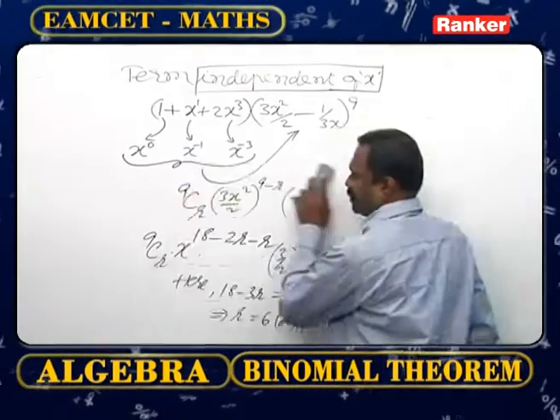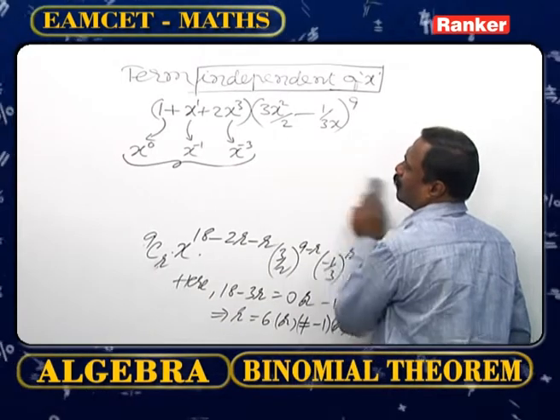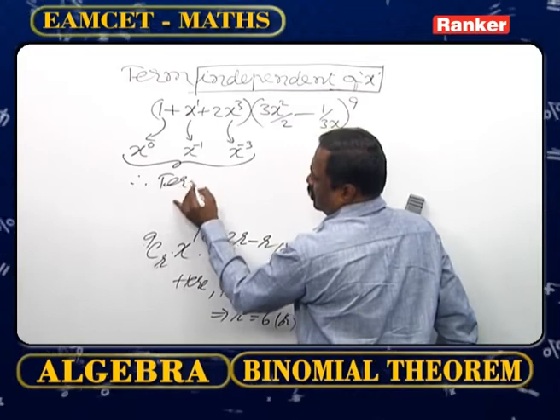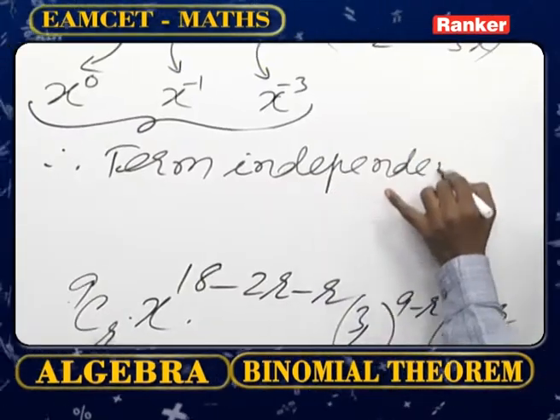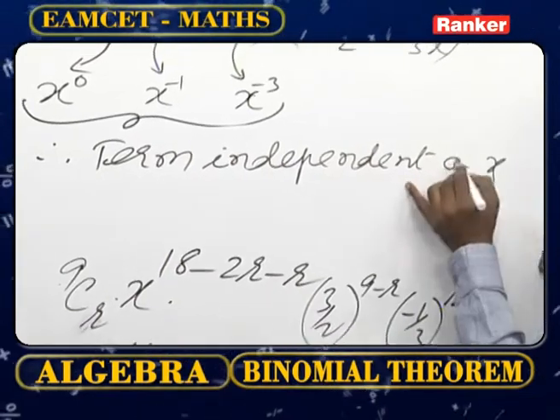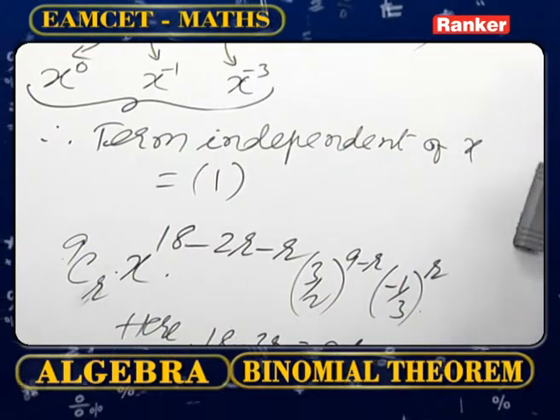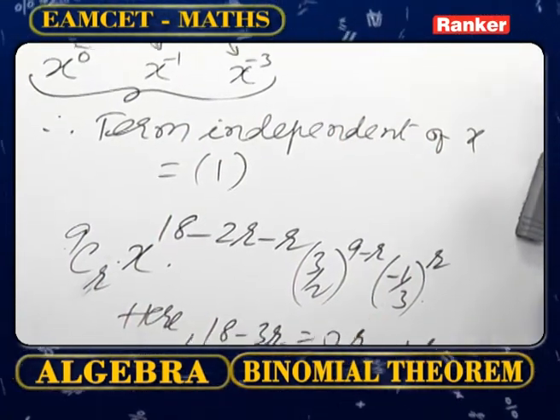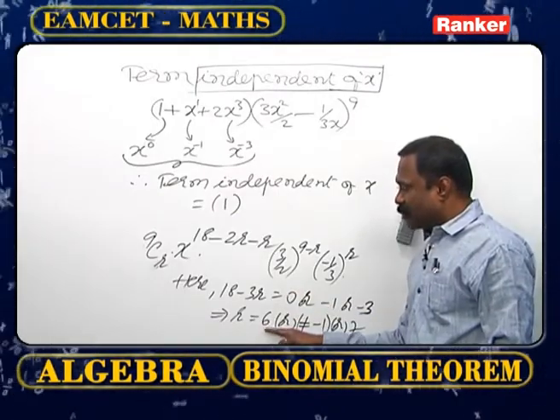Now let us see this. Therefore, the term independent of x is equal to this 1, which should be multiplied with x power 0. So if x power 0 is there, then r should be 6.